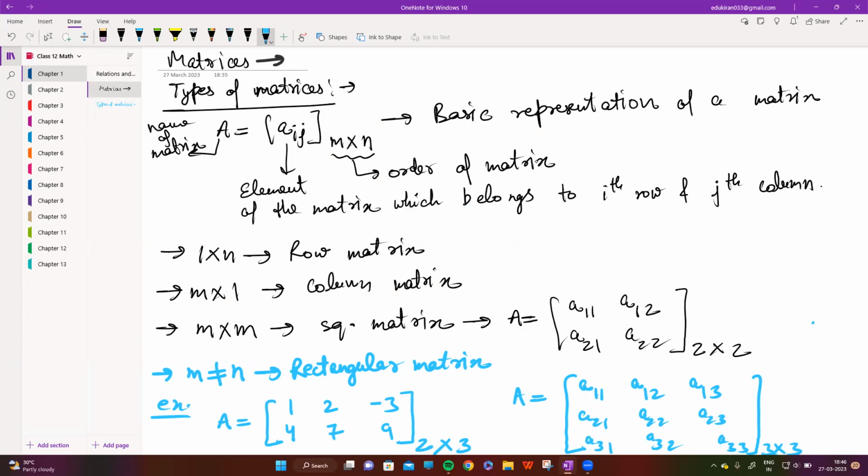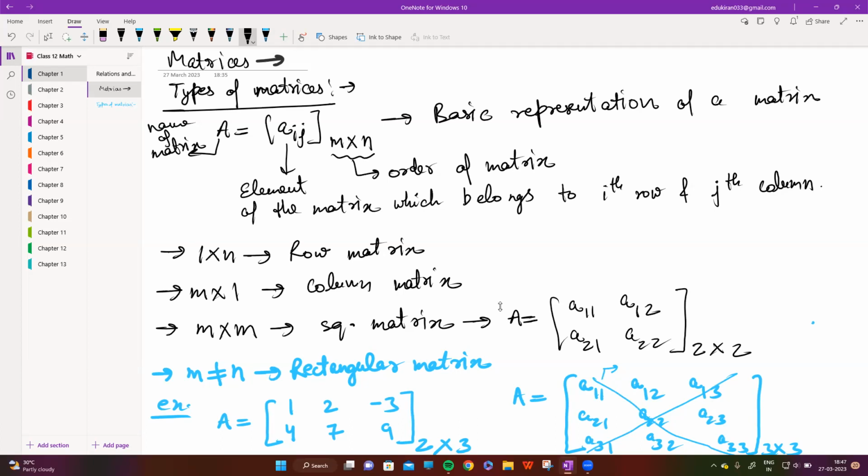So there are 2 diagonals involved. One diagonal is this one, which involves A11, A22, and A33. And one diagonal is this one, A31, A22, A13. Now this diagonal is special. How is this special?